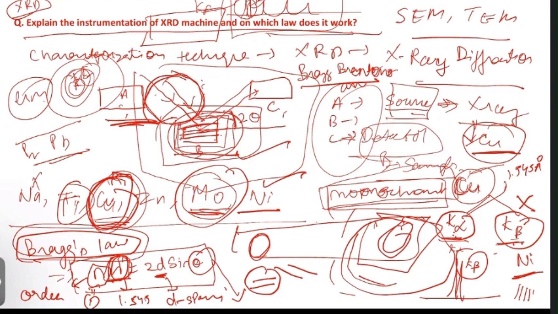His father also worked on X-rays, and the son gave Bragg's law, which led to the invention of the XRD machine. Do you follow this? His father was Henry, and his son Lawrence gave this Bragg's law.